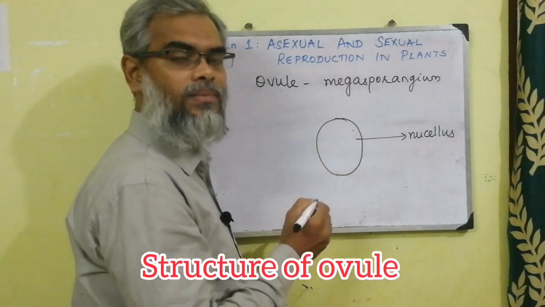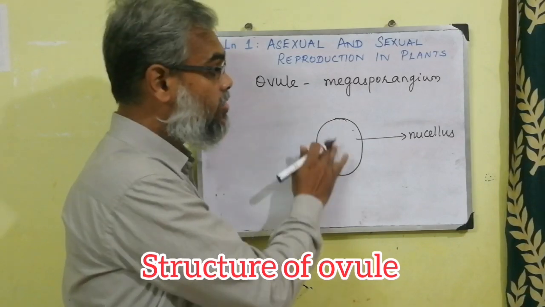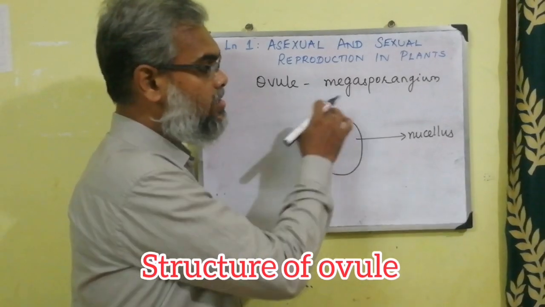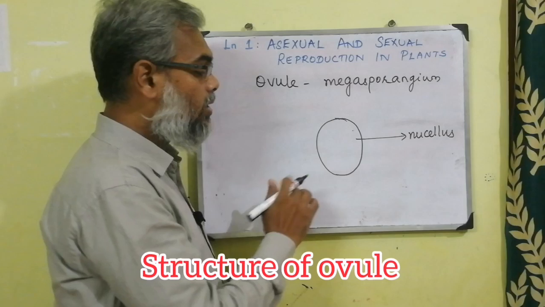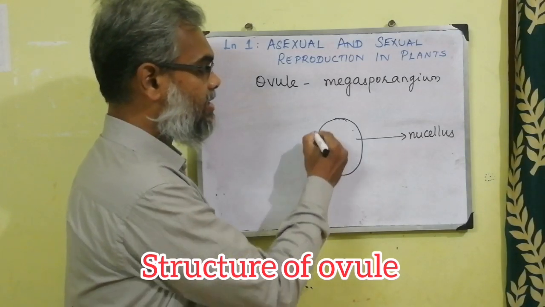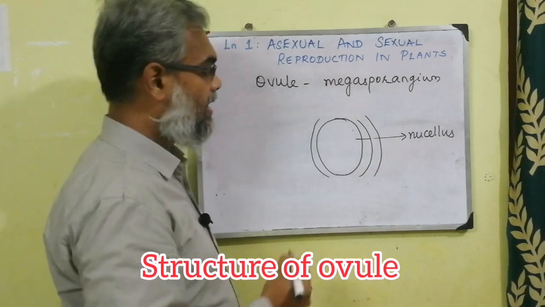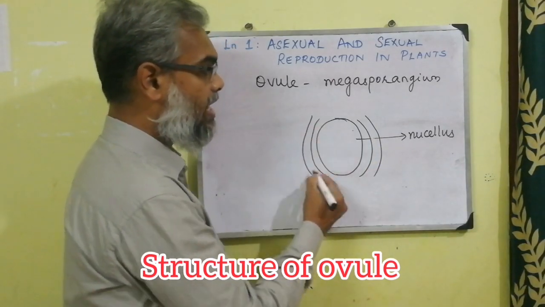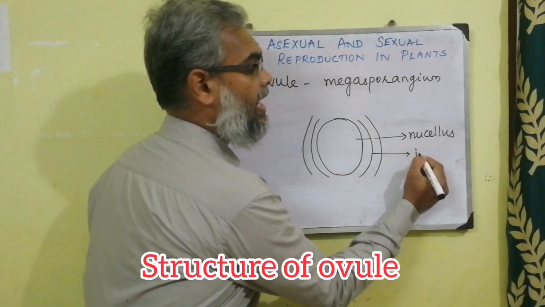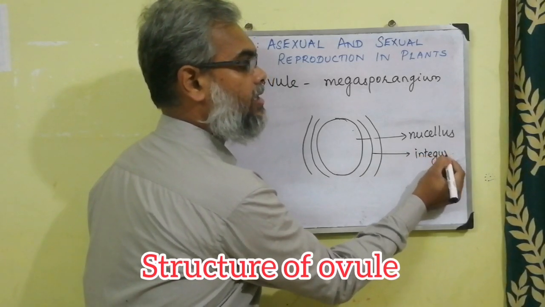This nucellus in the ovule is covered by one or two layers. These layers are said to be integuments.